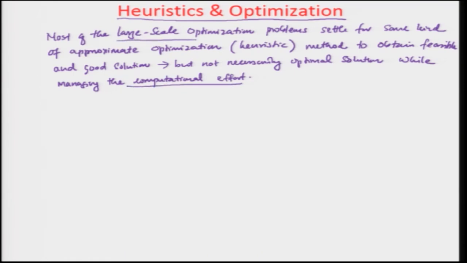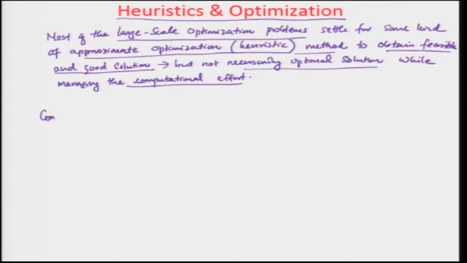When you are looking at a large scale optimization problem, you tend to use an approximate optimization or a heuristic method for getting feasible and good solutions. Your aim is to obtain feasible and good solutions. When you do that, you are sacrificing, you are okay with the scenario where you are not going to get an optimal solution, but the computational effort can be managed. So, that is the idea.